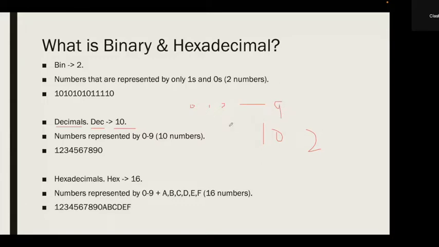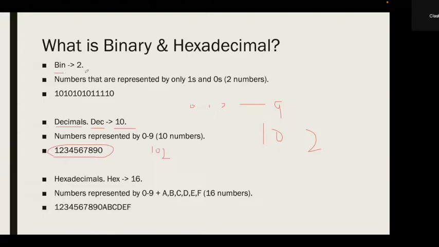So 102 is a decimal number. All these are decimal numbers, and all decimal numbers can be represented by 10 numbers.